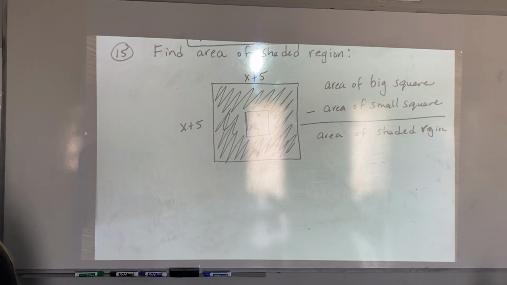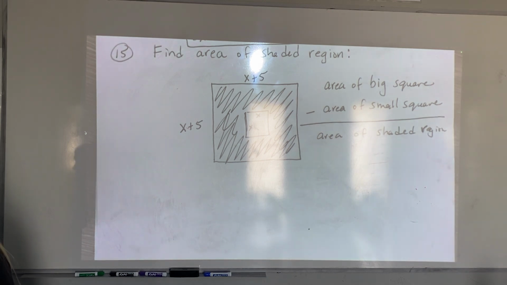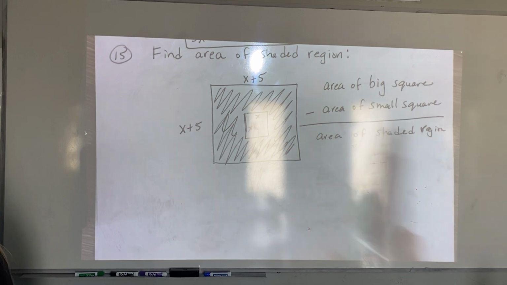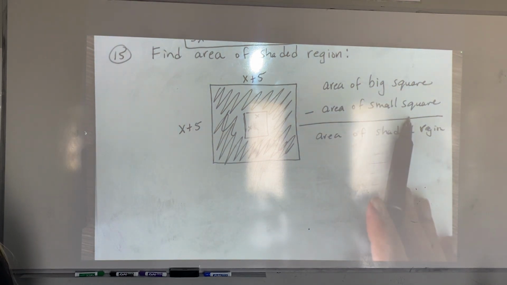No. They're asking for the area of the big square without the area of the small square. To take out the area of the small square, we simply need to take it away by subtracting it, right? So in order to solve this final problem, which is a simple subtraction problem, we first need to solve this area and this area.